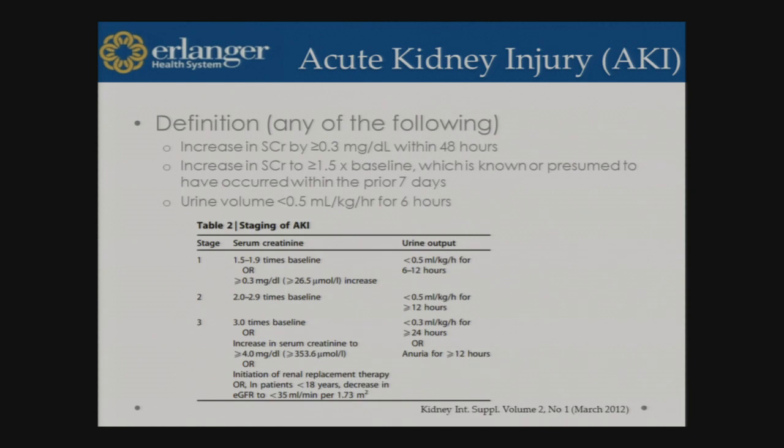So the definition of AKI per the KDIGO guidelines is any of the following that's listed here. So an increase in serum creatinine of greater than 0.3 from the patient's baseline within 48 hours, an increase in creatinine to above 1.5 times the patient's baseline within the prior 7 days, or patients with urine output of less than 0.5 mL per kilo per hour for 6 hours.